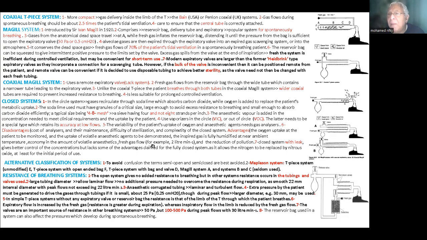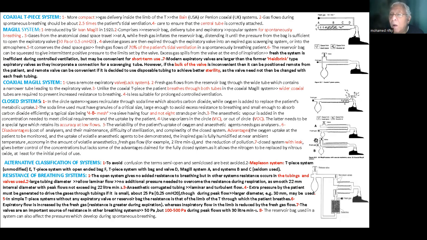An alternative classification of systems is Mapleson. In Mapleson, we have A, B, C, D, E. We can omit B and C, and Mapleson A, as we can see, is the McGill circuit. The D circuit is the Bain circuit, and then after that we have the Ayre's T-piece as the E system.